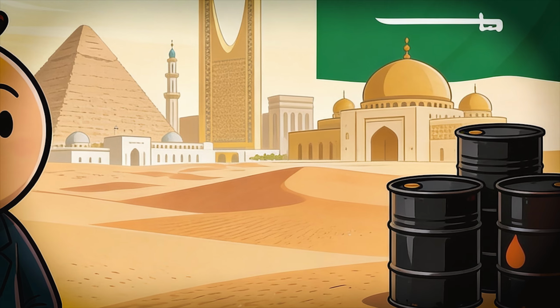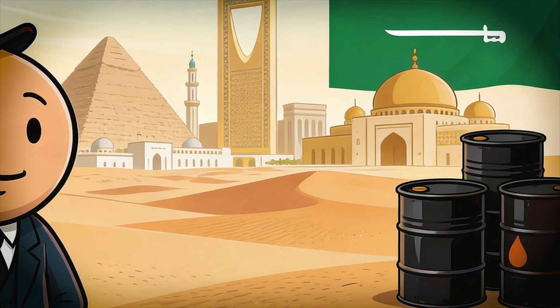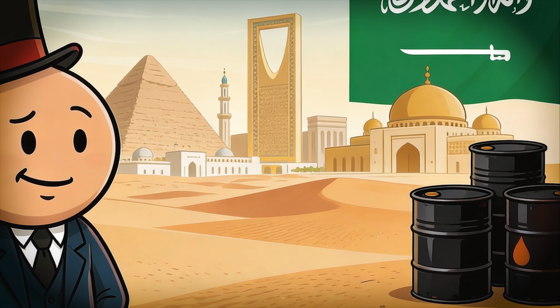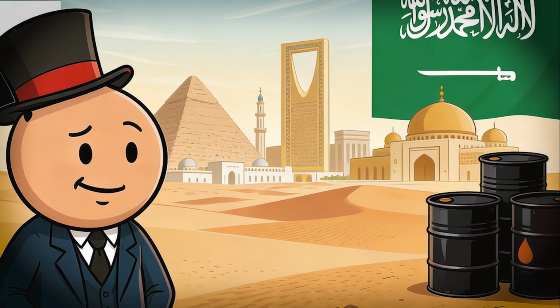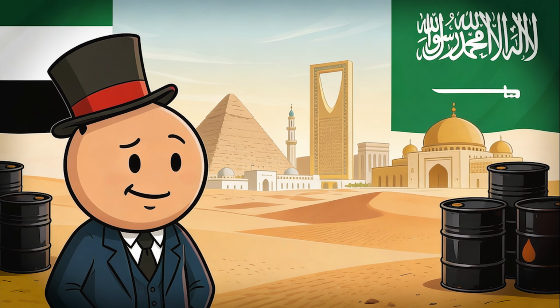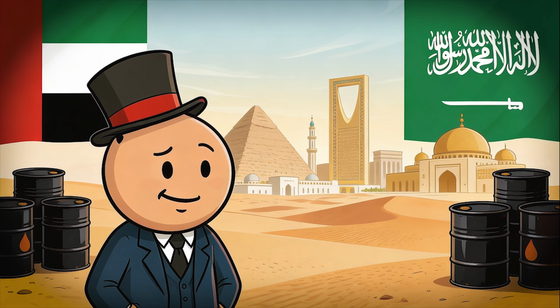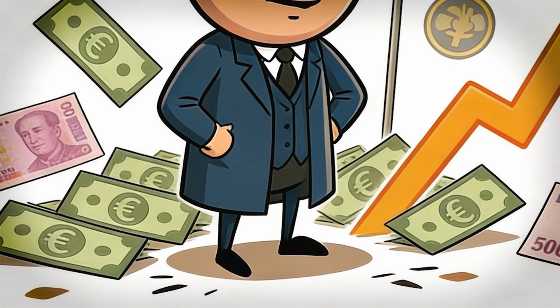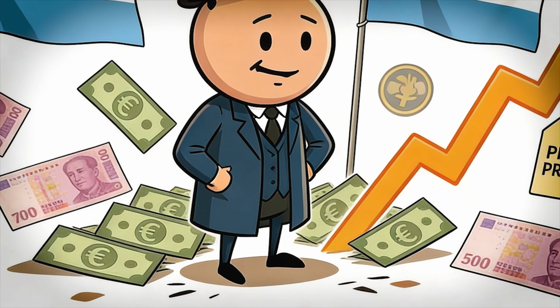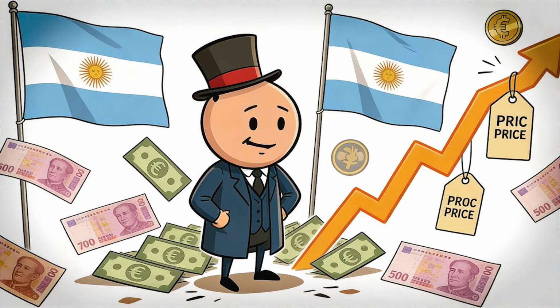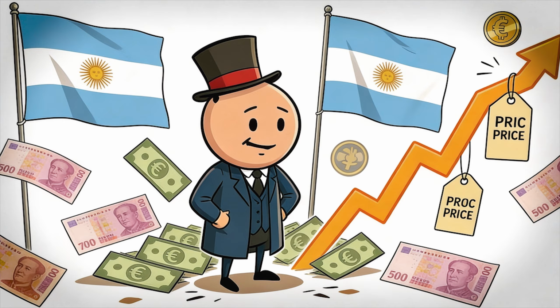Some resource-based economies, such as Saudi Arabia or the United Arab Emirates, peg their currencies to the US dollar. This means maintaining a fixed exchange rate by using foreign currency reserves. This approach can provide stability, but requires substantial reserves. Without them, countries may face serious problems, as seen in cases like Argentina.